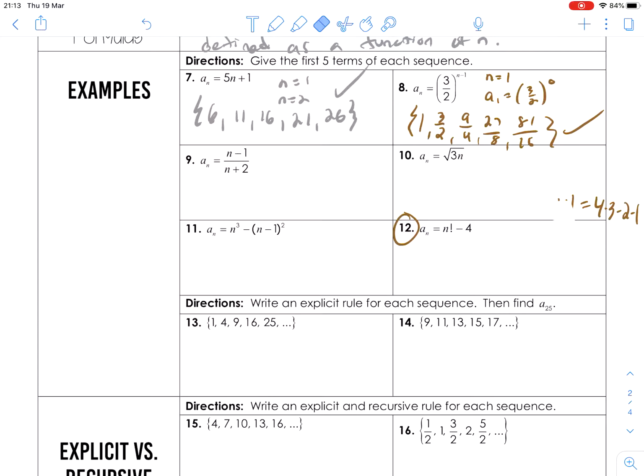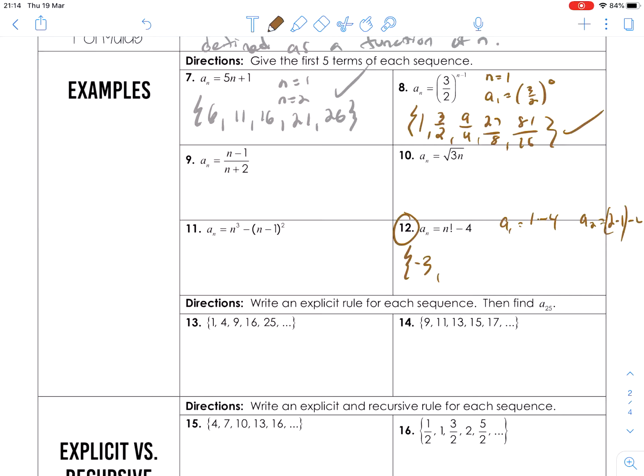All right. So here we go. Say I had the first term, a sub 1. A sub 1 equals 1 minus 4, which is negative 3. A sub 2 equals 2 times 1 minus 4. That's the n factorial, or 2 factorial.